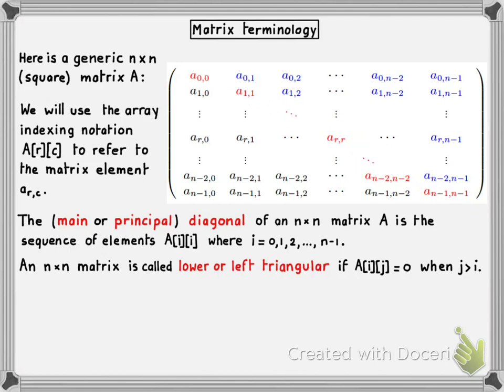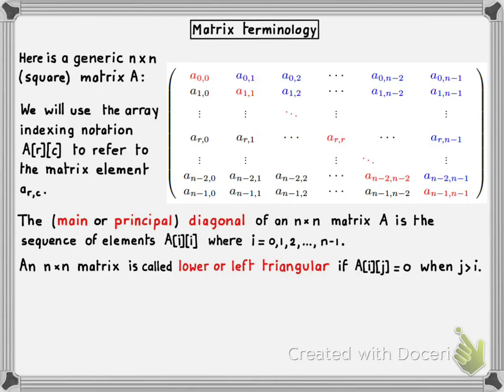And therefore the matrix is triangular, and the triangle is either in the lower part of the matrix or to the left, depending on how you're looking at it. So, for a lower or left triangular matrix, all the elements a_ij, when j is strictly greater than i, must be equal to 0. Of course, the red and black elements may or may not be equal to 0. That is not part of the definition.